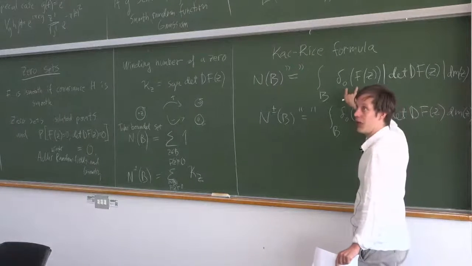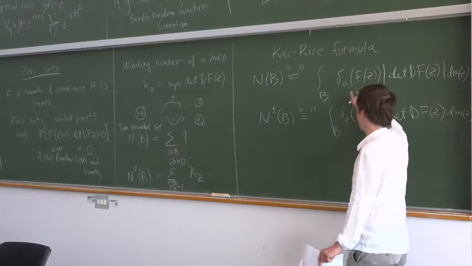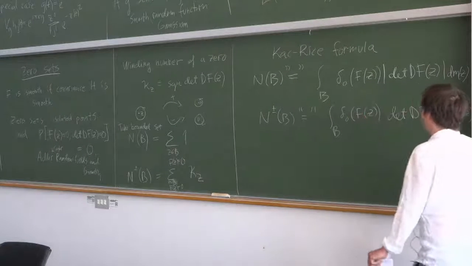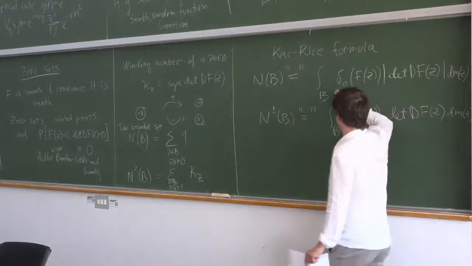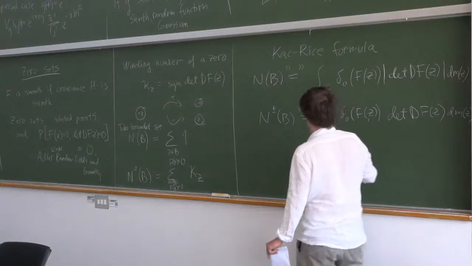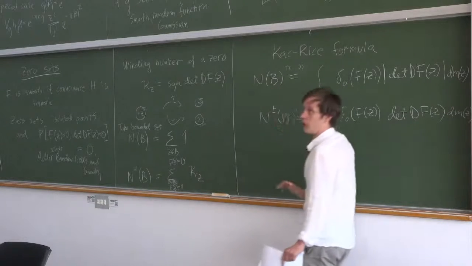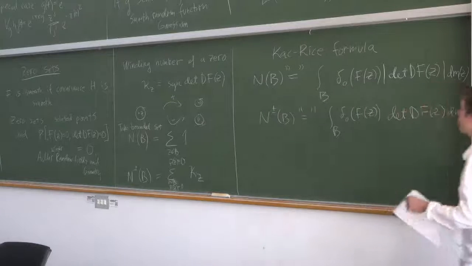Then you do the same thing around each zero, and you will see that this expression is going to be equal to the number of zeros at b.